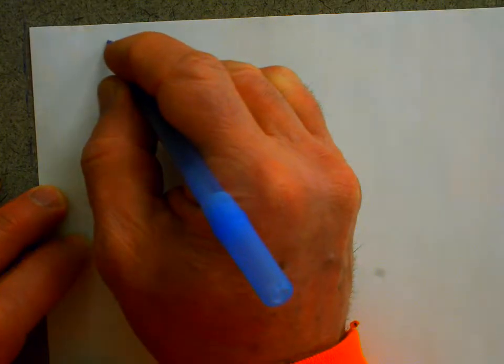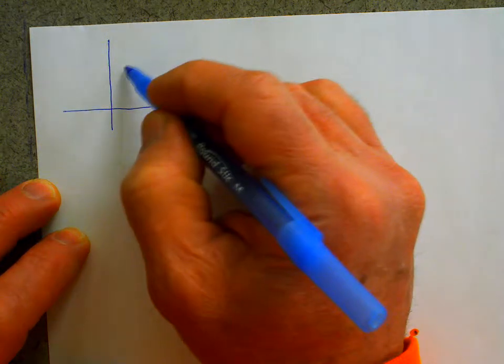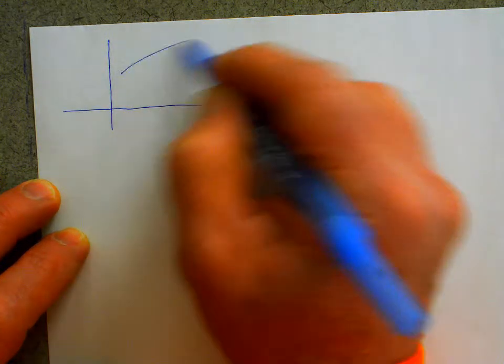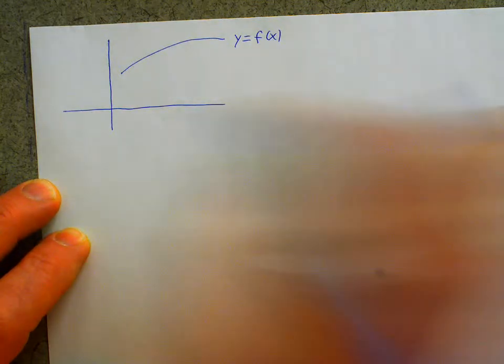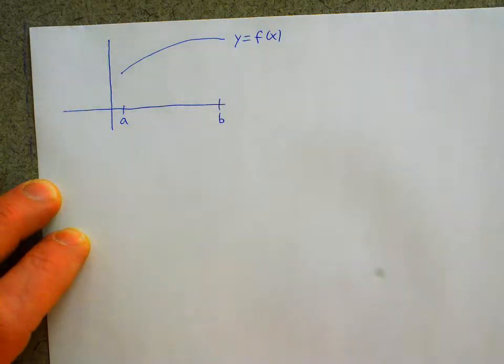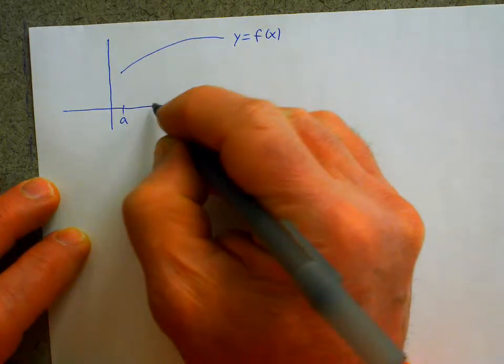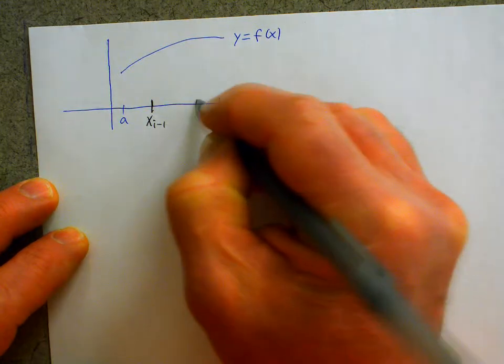So last time we were looking at moments of regions with uniform density. Suppose we have some function y equals f of x on the interval from a to b, and we select a subinterval, x sub i minus 1 to x sub i.